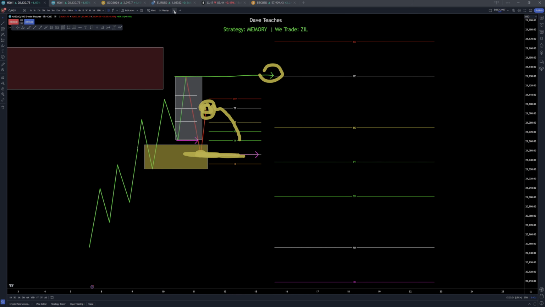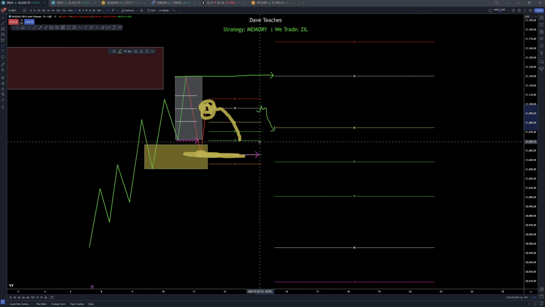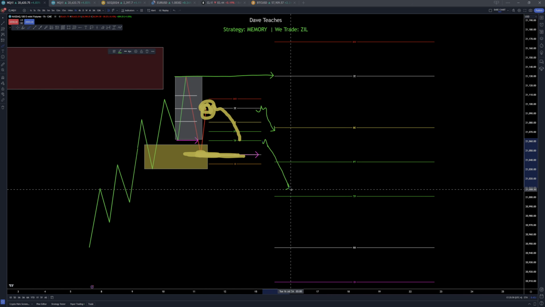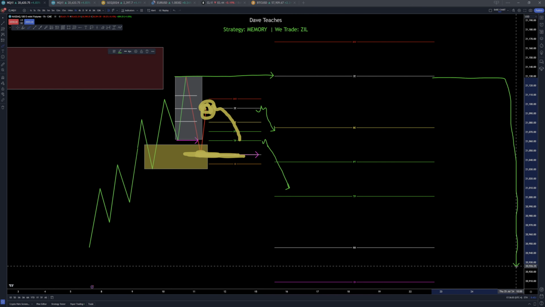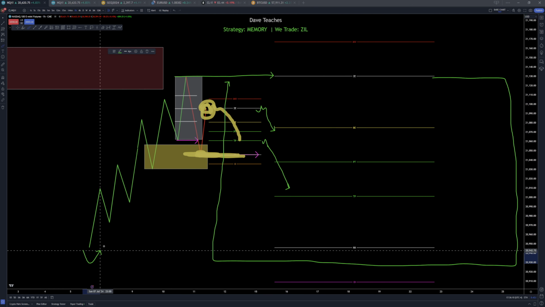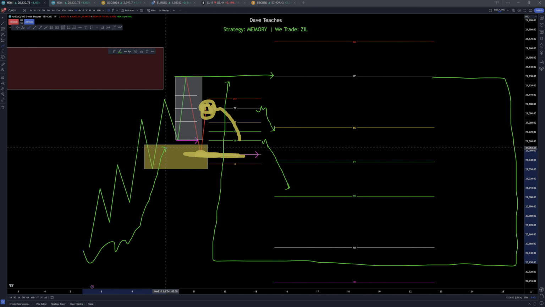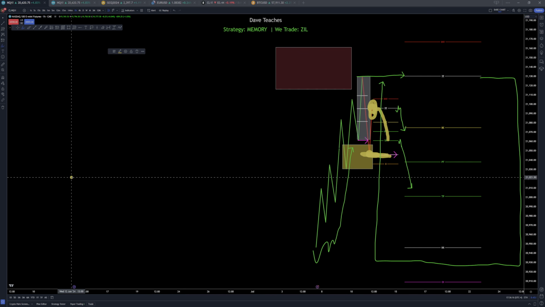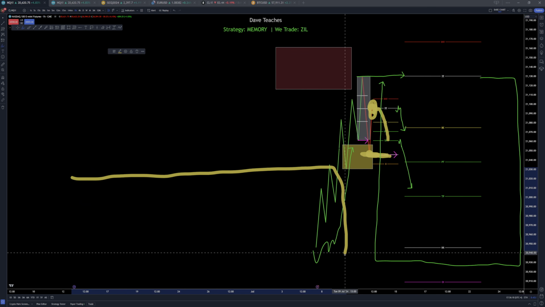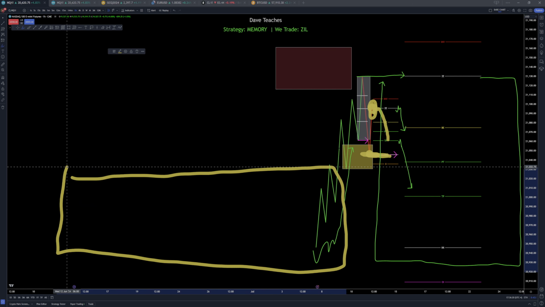So what we're doing here is we would be taking part in this move down, and our runner would also be going to the outer portions of that previous impulse up. But what it would often be tapping into is a previous range that's down below here.